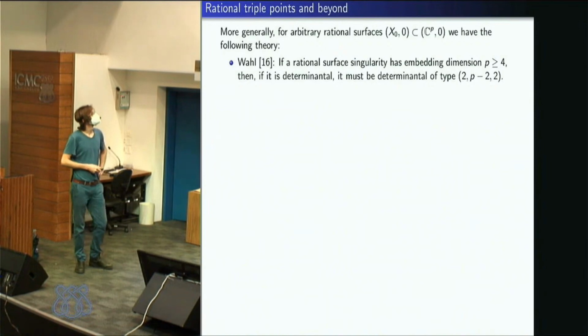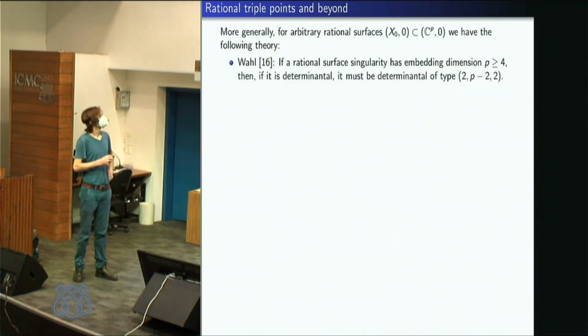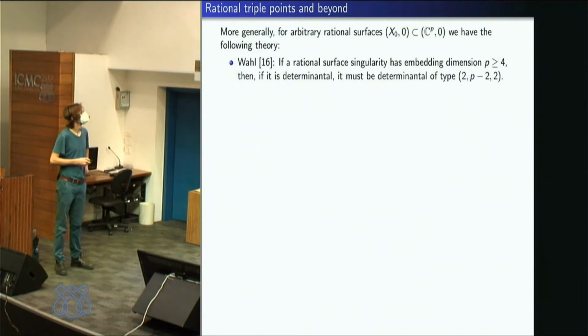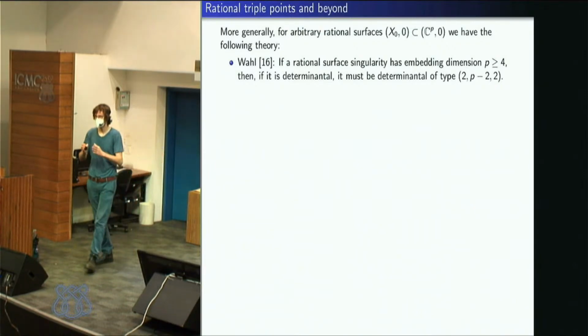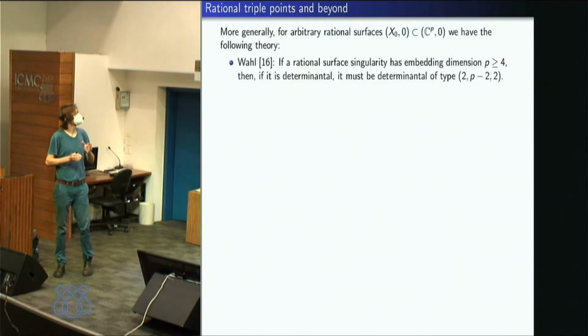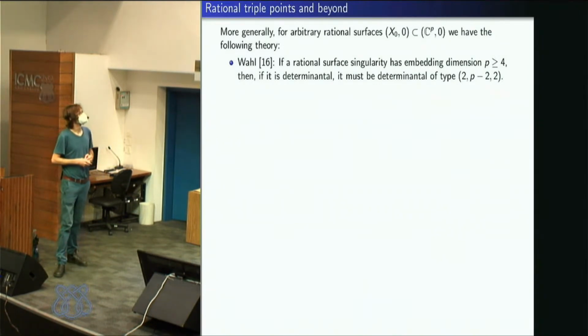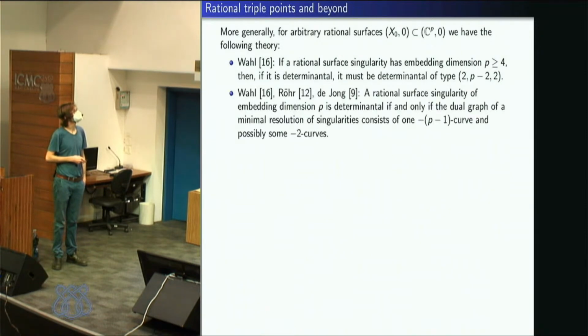So first thing, well, this is just to know. If a rational surface singularity has embedding dimension p, and it is determinantal, then it must be determinantal for a 2 by p minus 2 matrix, right? So a lot of these rational surface singularities are determinantal, but they have a very specific determinantal structure.